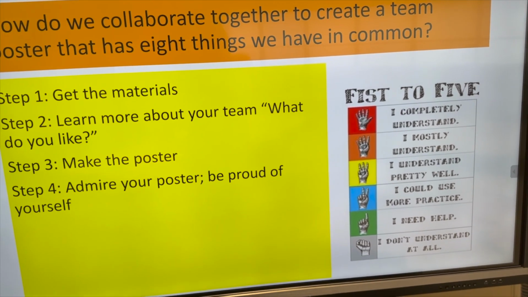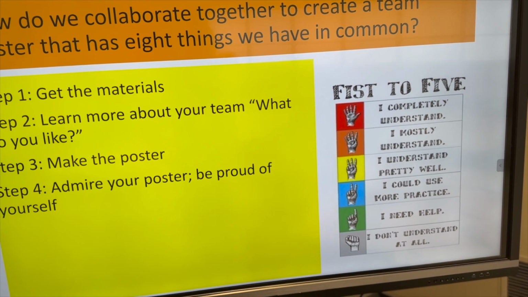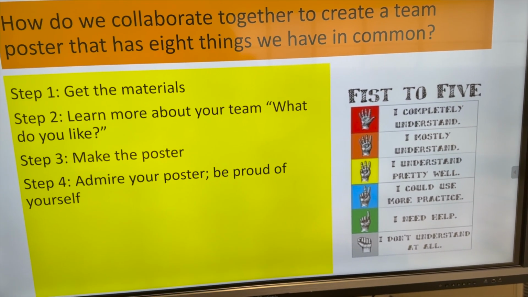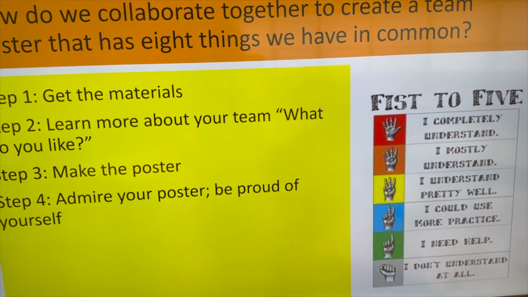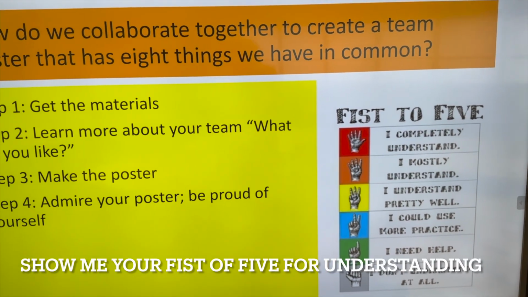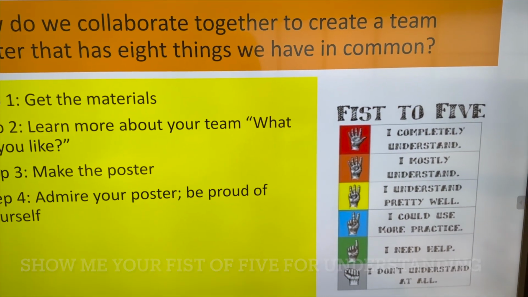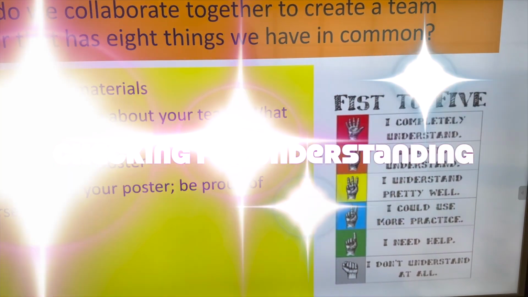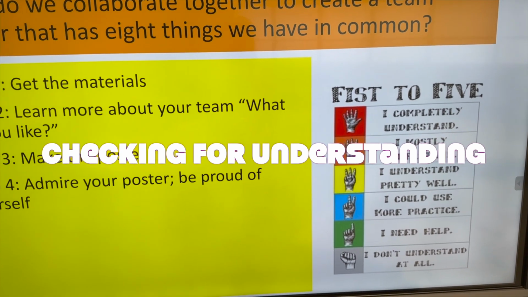The 5 is I completely understand, 4 is I mostly understand, and then that 0 is I don't understand at all. Oftentimes before I launch them, I'll ask them to show me their fist of 5 of understanding. And I say, if there was another class coming in, that would be a 5, and you'd be able to explain it to them well.